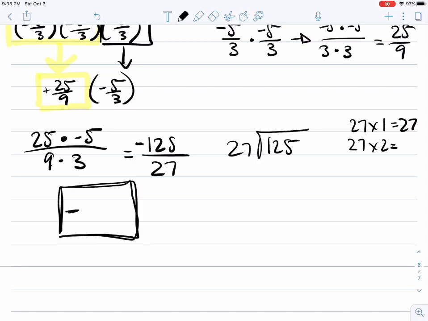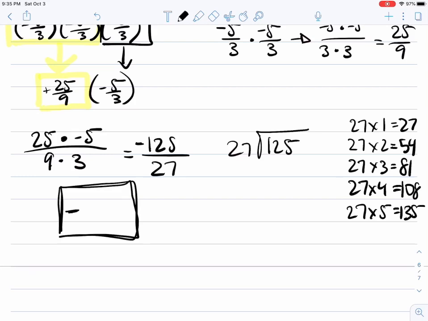So let's see, this is 54, 81, 27 times 4 is 108. I'm going to see if that's as far as I need to go. I might have to add to this. Let's go to 5. Okay.